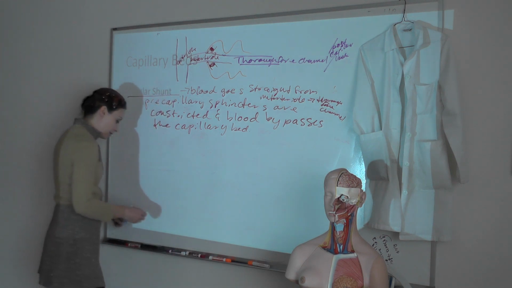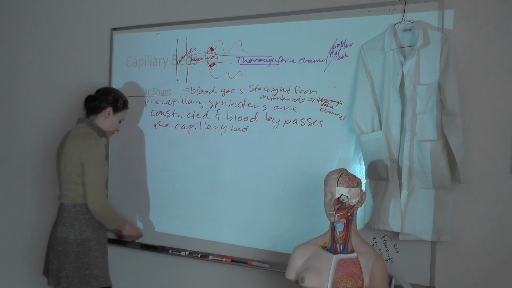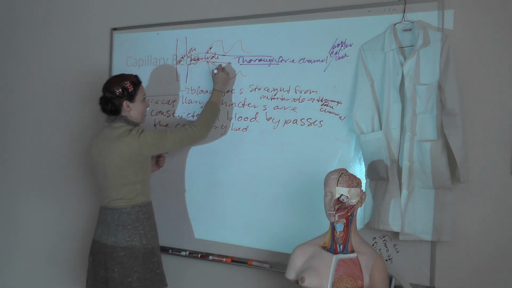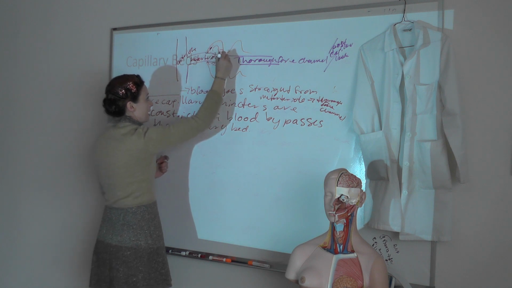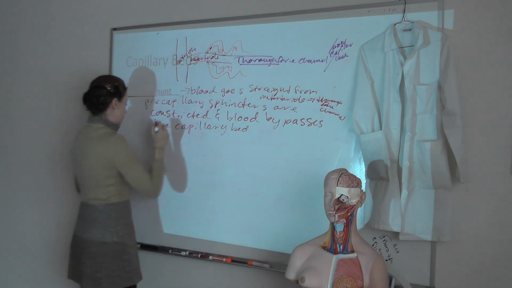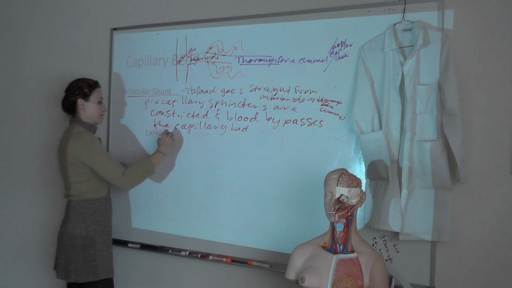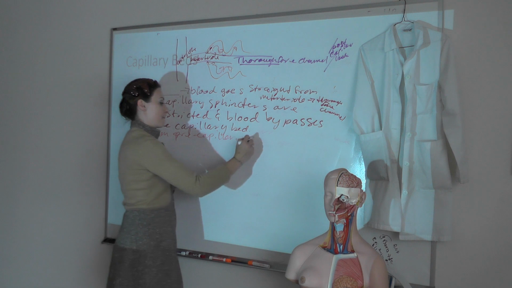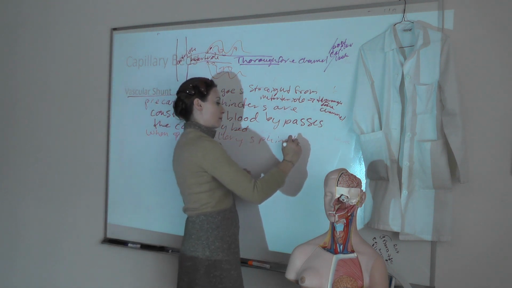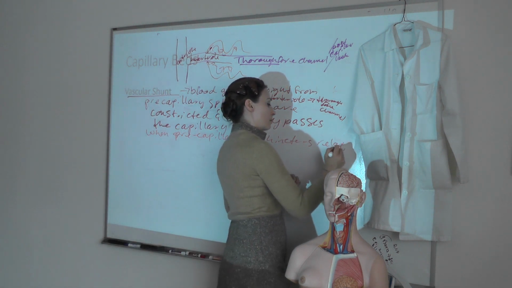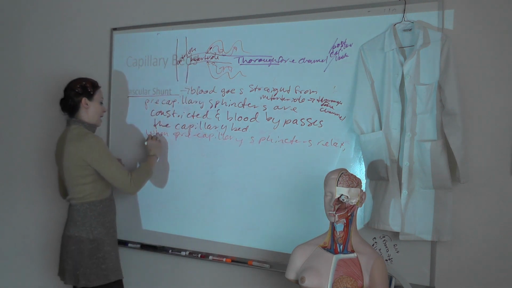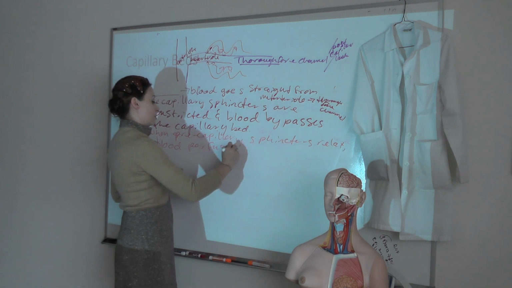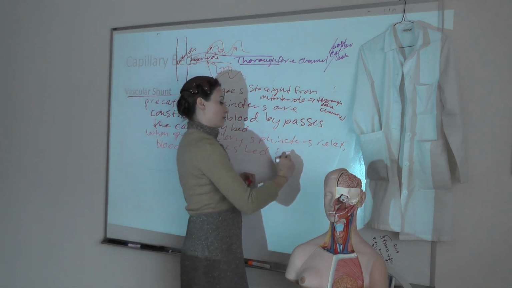Okay, if the precapillary sphincters relax, then blood will perfuse the capillary bed and we will serve the tissue. So when the precapillary sphincters relax, blood perfuses the capillary bed and serves the tissue.